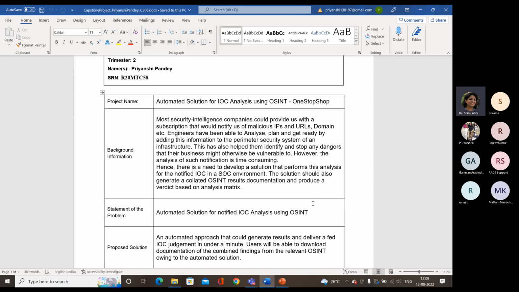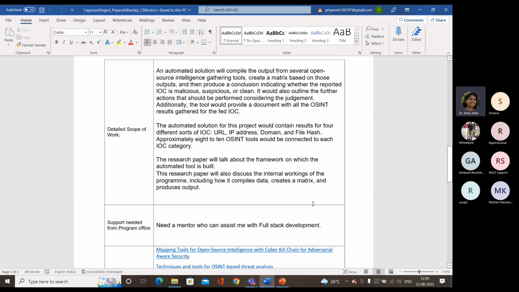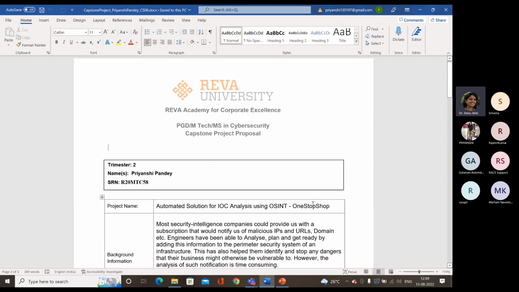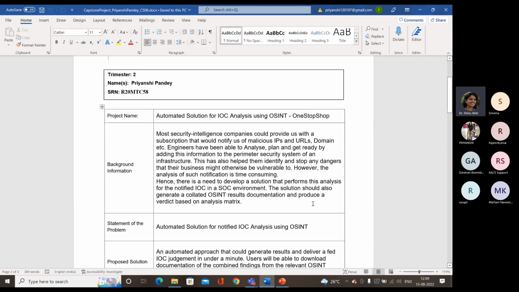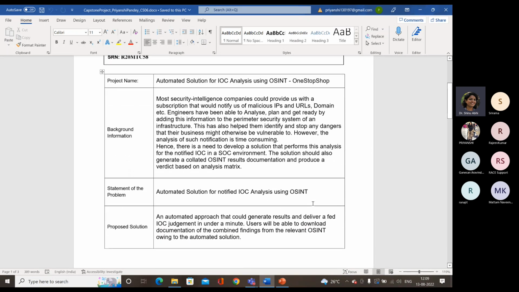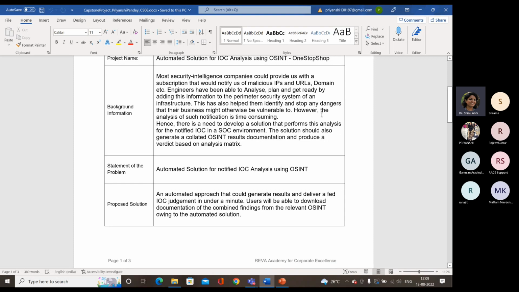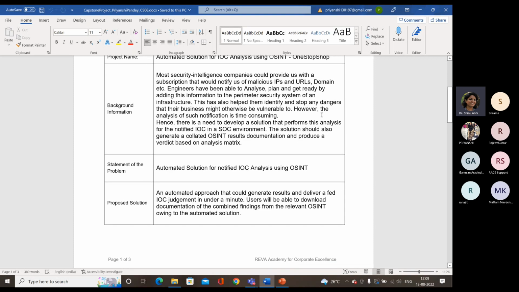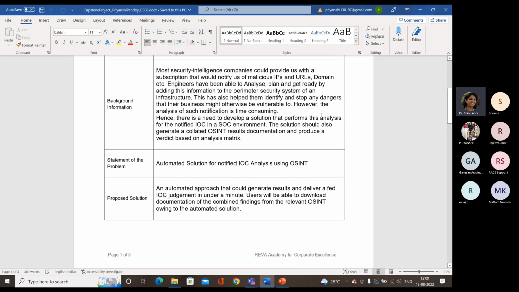So add the right literature review, an automated solution for IOC analysis using OSINT, one-stop shop and all that. Please don't claim that, because this is an academic project. So, building an automated solution using OSINT, we'll stop that, but phase-wise, maybe we can think.